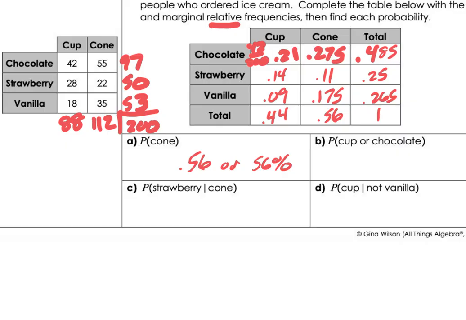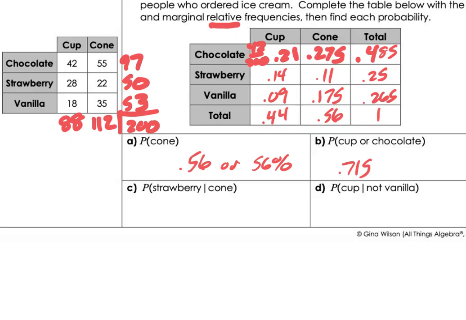So if I add 0.44 plus 0.485, what do I get? Seems too big. Did you add this one in twice?